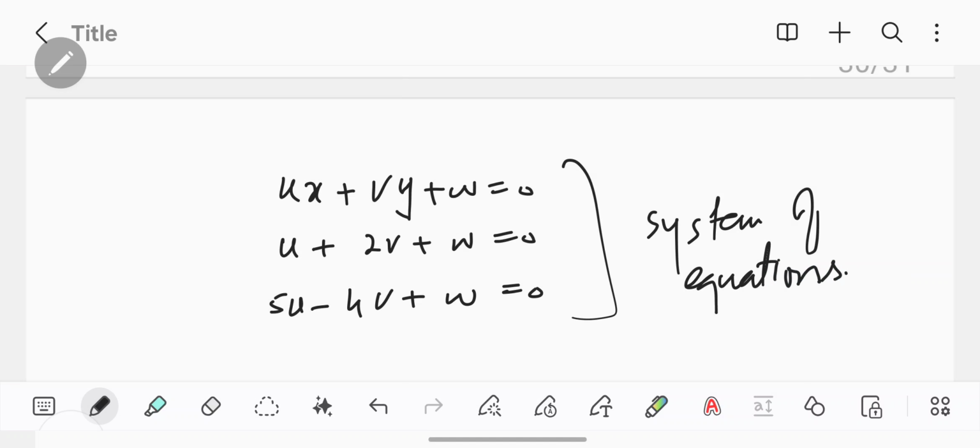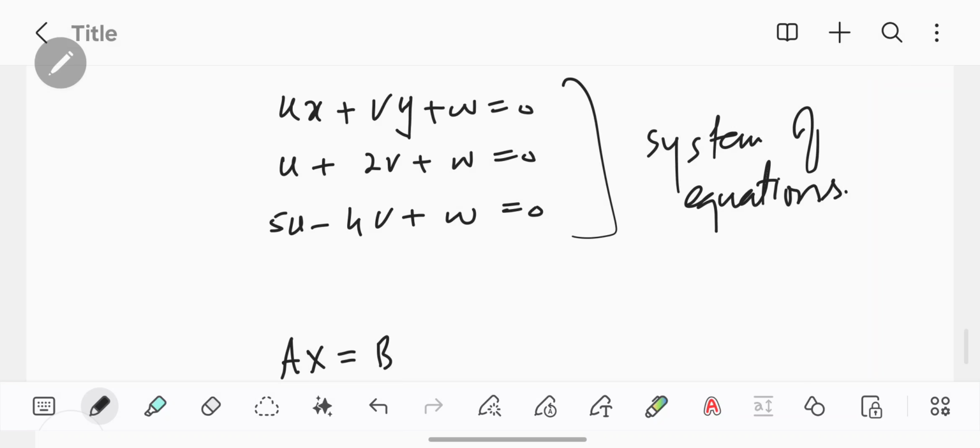So we had initially 2 points, we put them into this equation of line, and we have 3 different equations. That is the system of linear equations. Here the variables are u, v, and w, which are available in all of the equations. So we have 3 different equations, 3 different variables. We can solve it. So that means our system is Ax equals b.